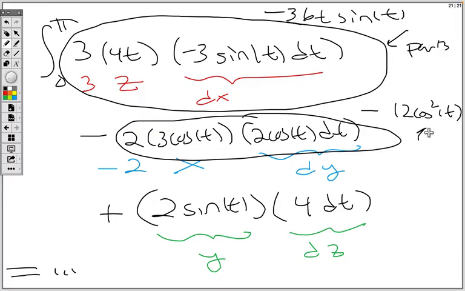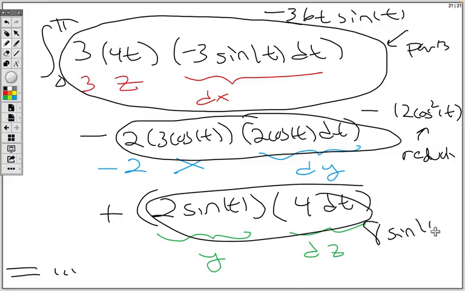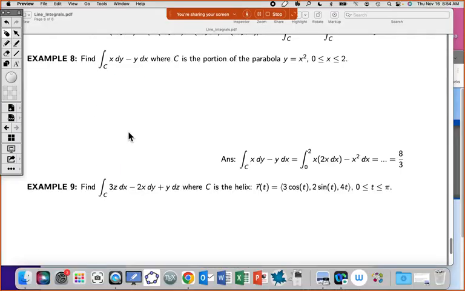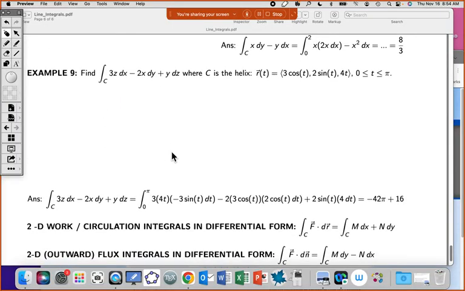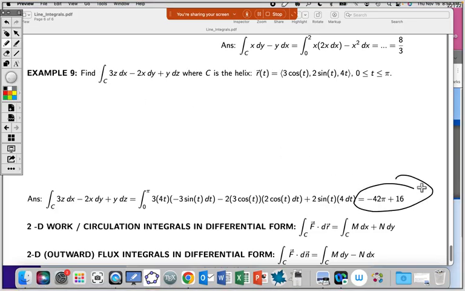What would you have to use for that one? Yeah, that'd be your reduction formula there, your identity, and then this one is just a straight up standard calc integral. So you go through all that stuff. You should get negative 42 pi plus 16. So I'll leave those details to you.